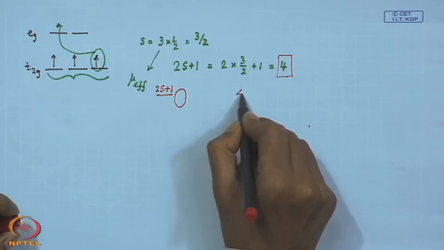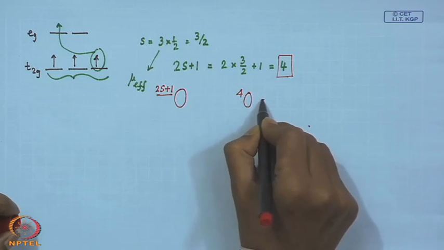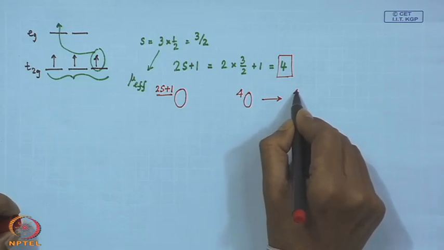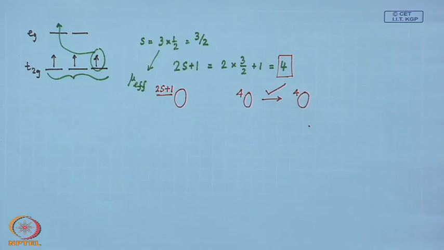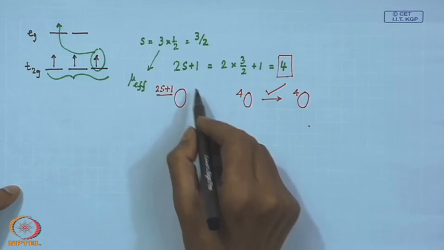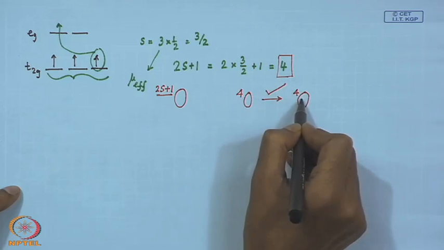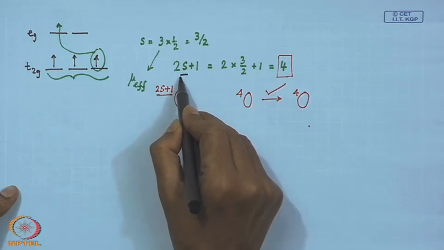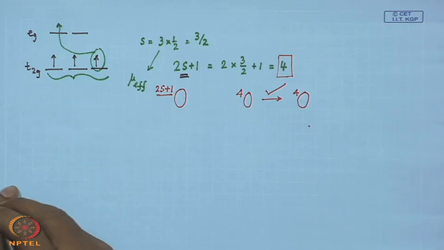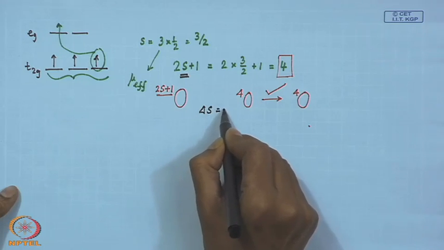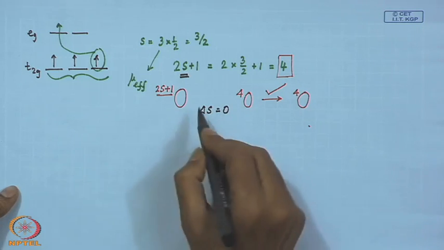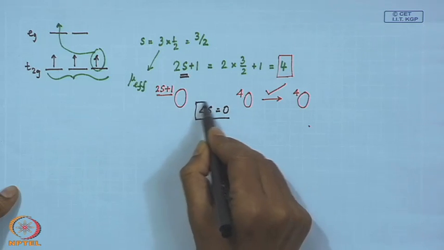That means we can have a transition from a spin multiplicity 4 state to another state having the same spin multiplicity, then that is allowed, which is the first rule of the Laporte selection. Since both preserve the spin multiplicity equal to 4, the S values do not change from the ground state to the excited state. So, our delta S value would be equal to 0.